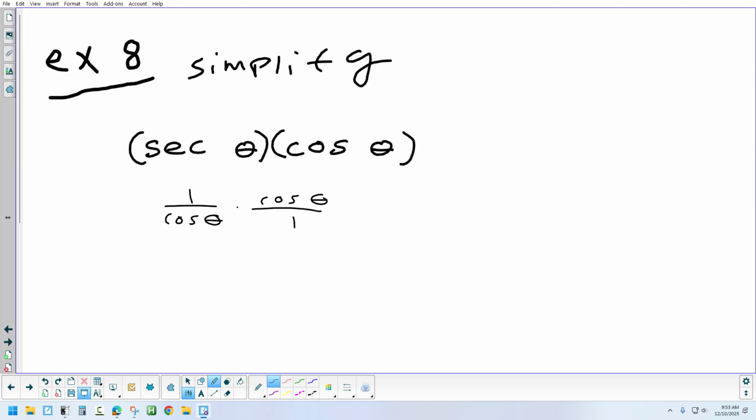Cosine cancels out, and this time all the trig disappeared. That won't always happen, but it did here. What does that reduce to? 1. And it should be because secant and cosecant are reciprocals. Anytime you multiply two things that are reciprocals, like 1/2 and 2 over 1, they always cancel each other out, and you get 1.